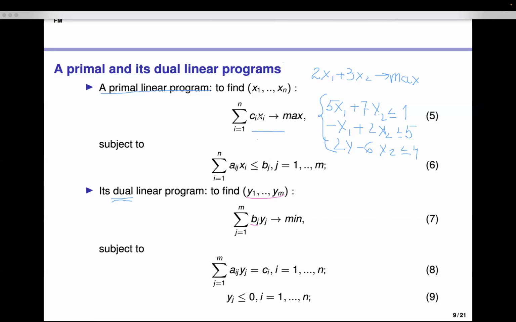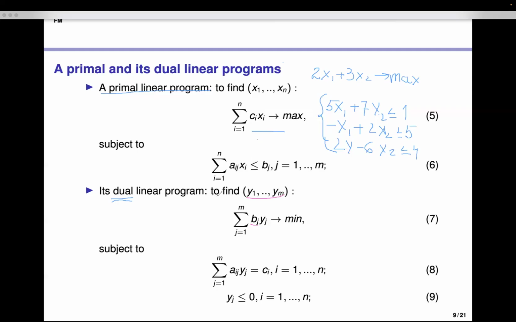This is my objective function, for example. You see what is C1, C2. You see this linear system, and you see what is A and what is B. And please, I would like that we write, and I ask you how I can write the dual linear program.